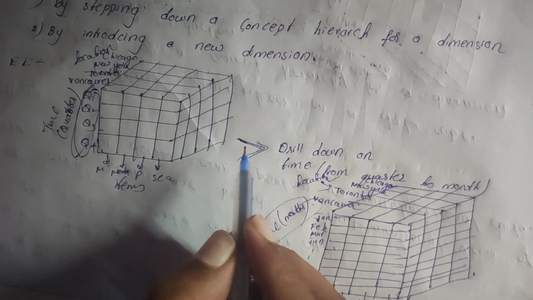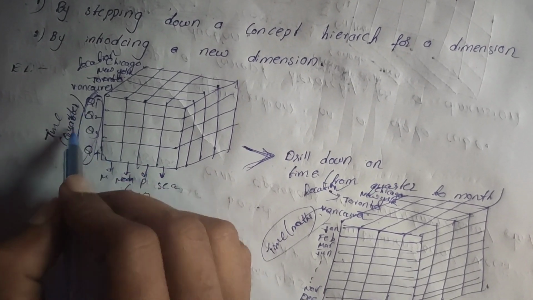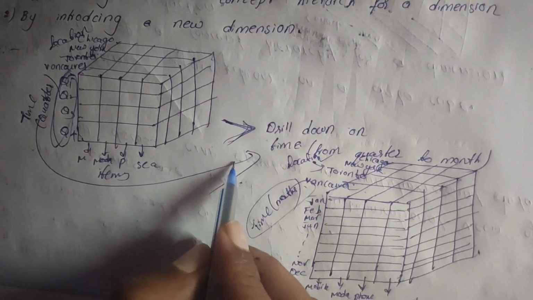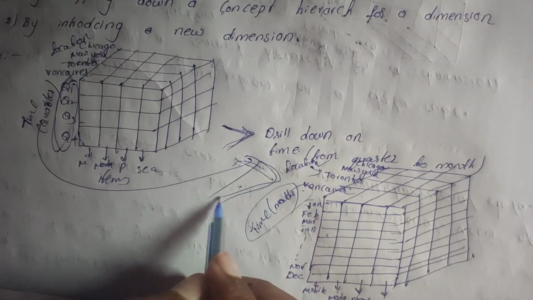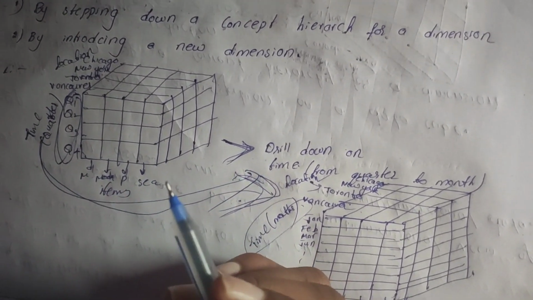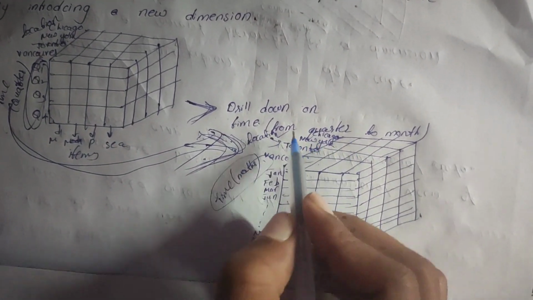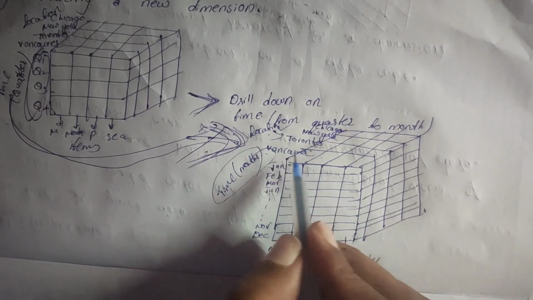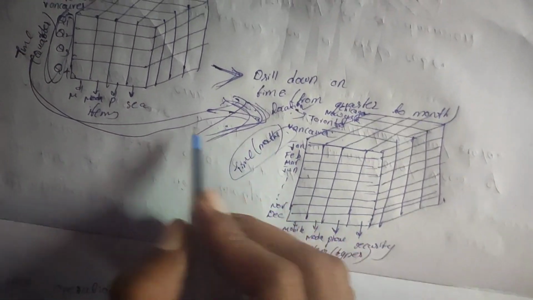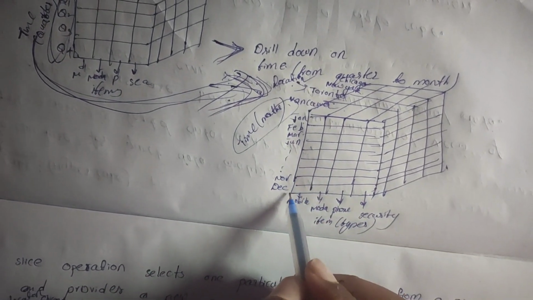When we do the drill operation on time, the quarters are converted into months: January, February, March, June up to December. It is the reverse operation, meaning it increases the dimensions, whereas in roll up the dimensions are reduced.